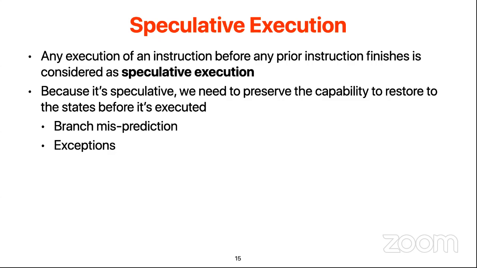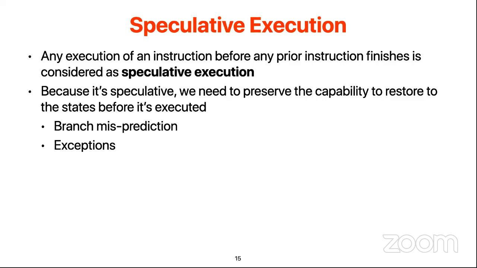So as we said, if an instruction is executed out of order, it means that there is a potential that it may be canceled at any time. So we need some kind of mechanism in our processor to revert that execution, to flush its result, and revert the architectural states it has changed. In this way, we create a new execution status called speculative execution.